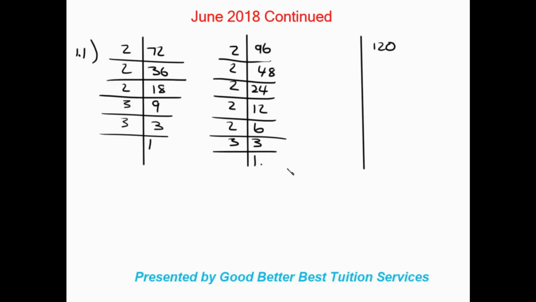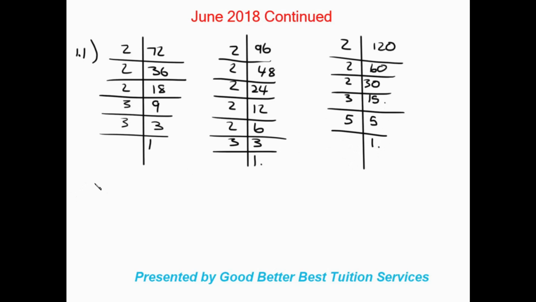And then our ladder finishes off with 1 again. Two can't go into 15, so we move on to 3, because 3 can go in and we'll get 5. Now 3 can't go into 5, so we have to use the 5 next, and then we get to 1. So that's our ladders complete.